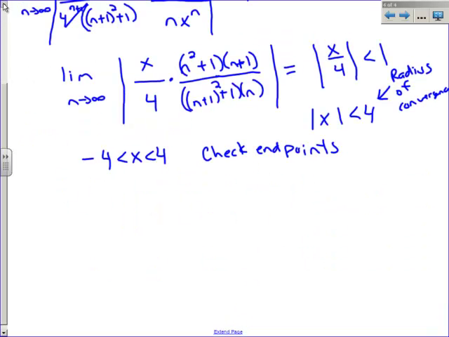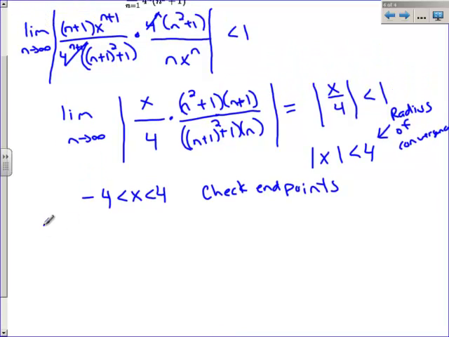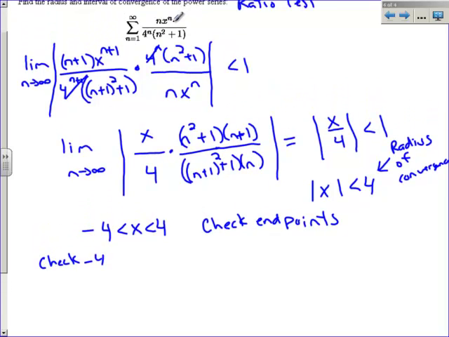What I'm going to do is I'm going to try -4. So I'm going to plug -4 in for x and see what kind of series I have. So that's going to be the sum from 1 to infinity of n times -4 to the n power over 4 to the n over n squared plus 1.